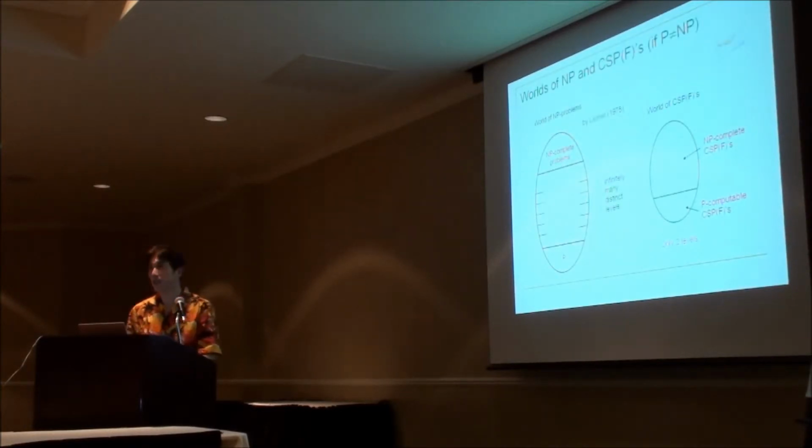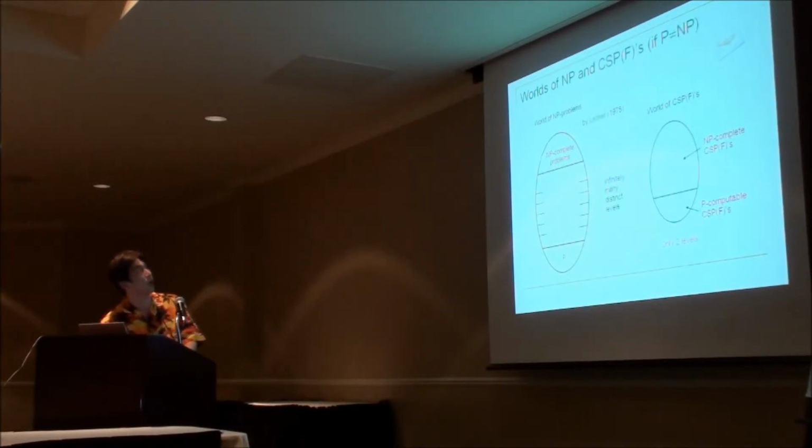And what is most interesting for CSPs is the comparison between the whole entire NP set and CSP problems. Assuming that P is different from NP, back in 1975, Ladner proved that there are infinitely many distinct levels between P and NP-complete problems.